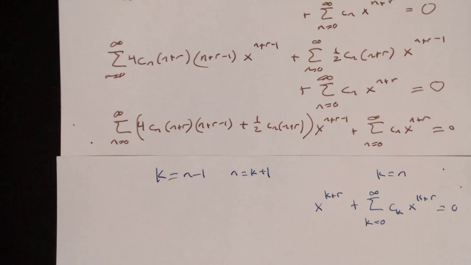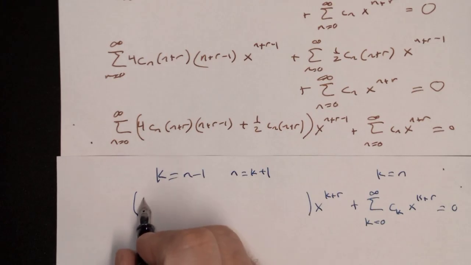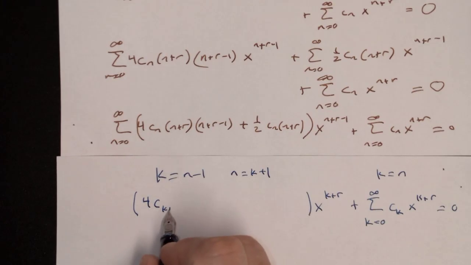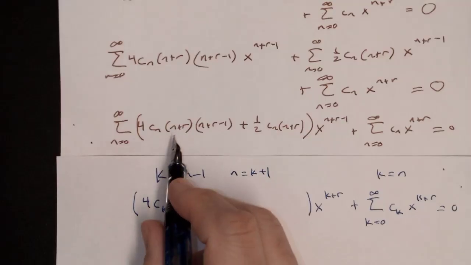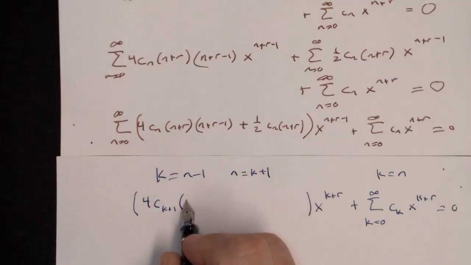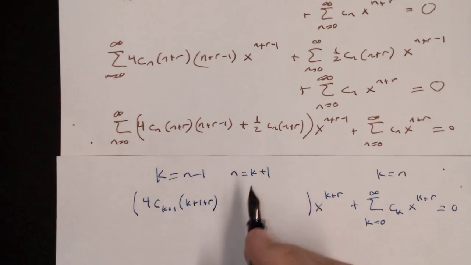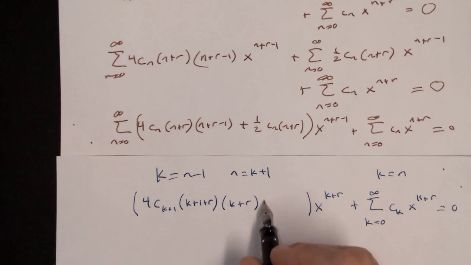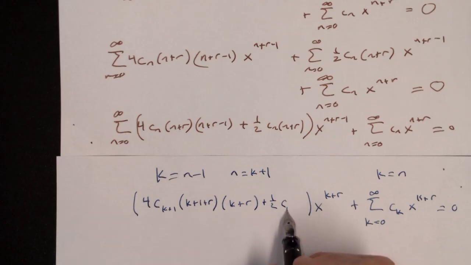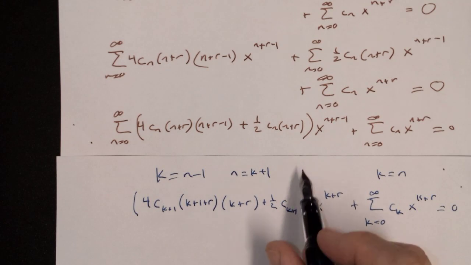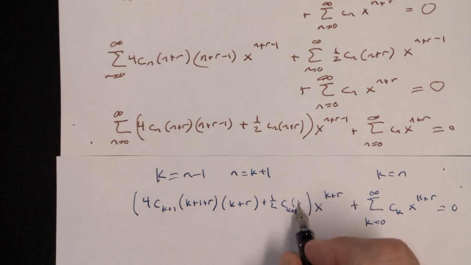So what happens inside this set of parentheses now looks different. It's 4ck plus 1. And then n plus r becomes k plus 1 plus r. And n plus r minus 1, well, that's k plus r. And then I have plus 1 half ck plus 1. N plus r becomes k plus 1.